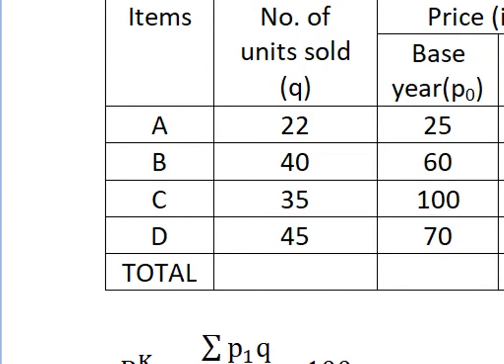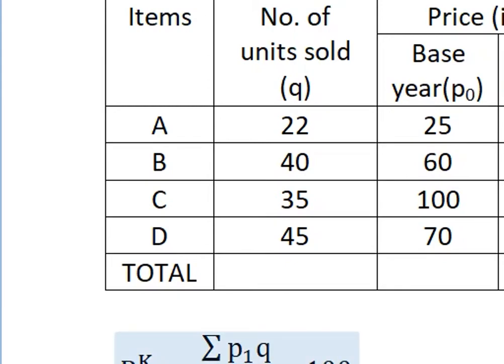Then lastly 90 into 45, which is 4050. Then take a total of these values, that is 660, 3000, 3850 and 4050, which is 11560. Then substitute these values in Cayley's formula.